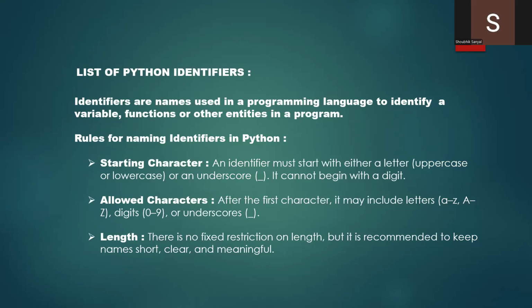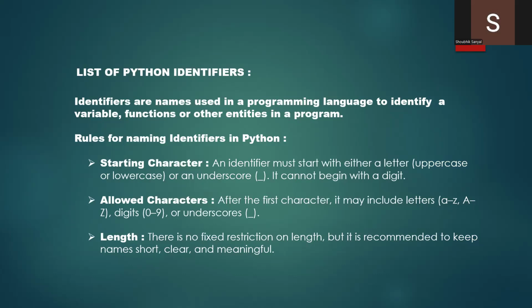But no identifier can begin with a digit. Now, a few characters can also be used in identifiers. What are those allowed characters? After the first character, we can include letters small a to small z, capital A to capital Z, or digits 0 to 9, or underscore.